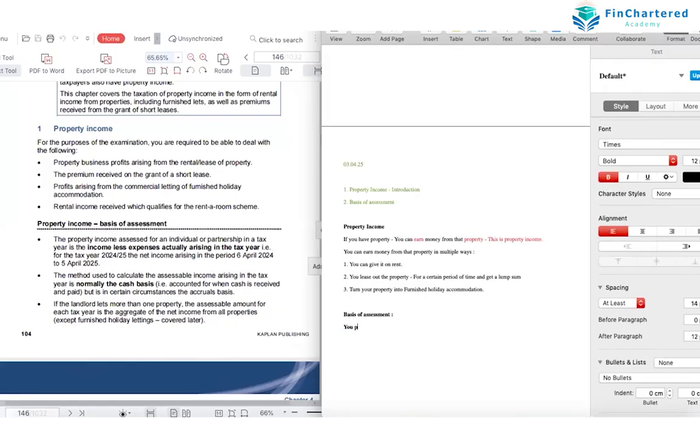You pay tax on the property income when you actually receive the money, when the cash is actually received, or when the cash flow actually happens. Now again, there is an accruals basis which we will look at later in this chapter.